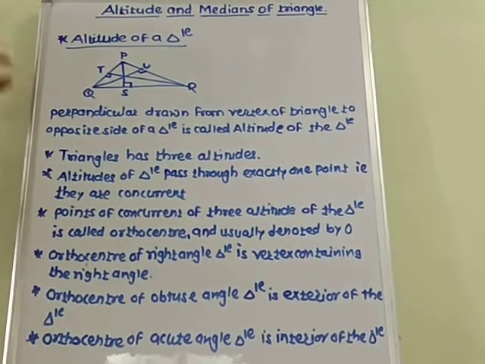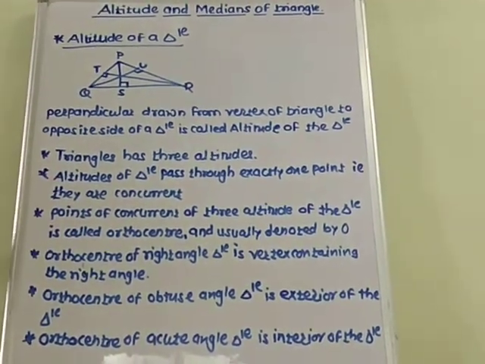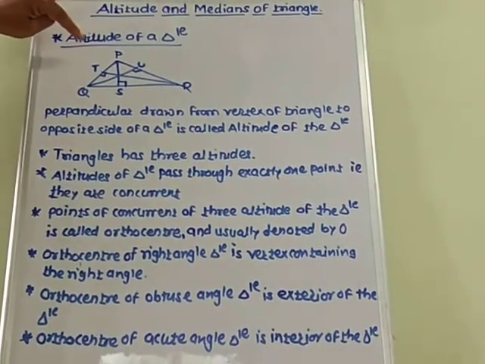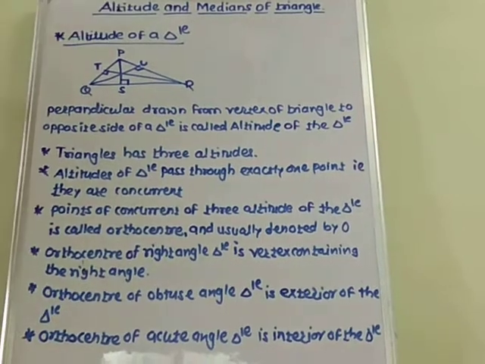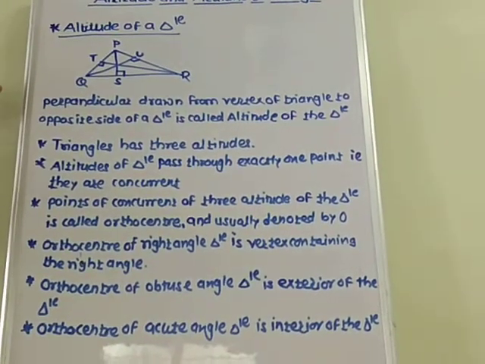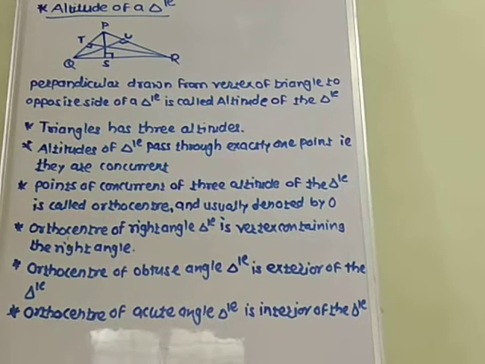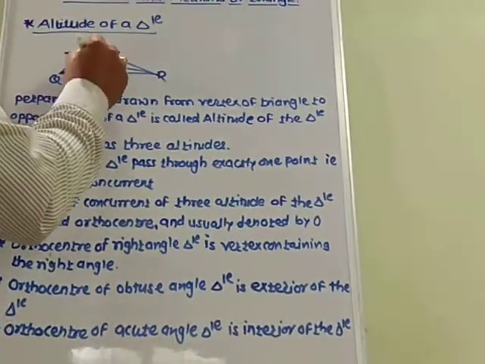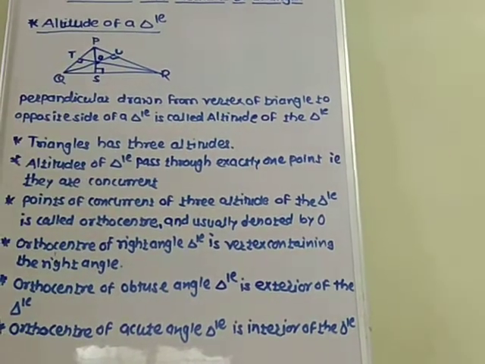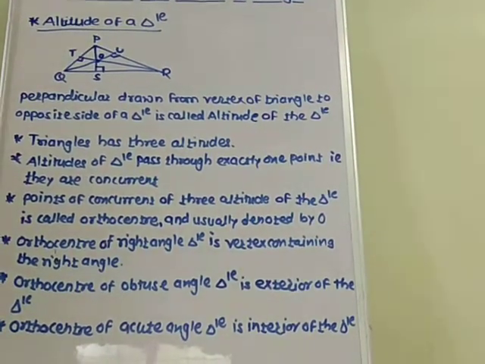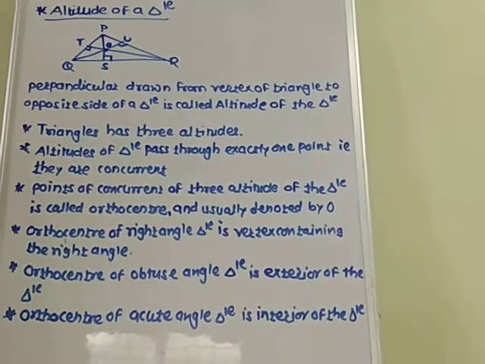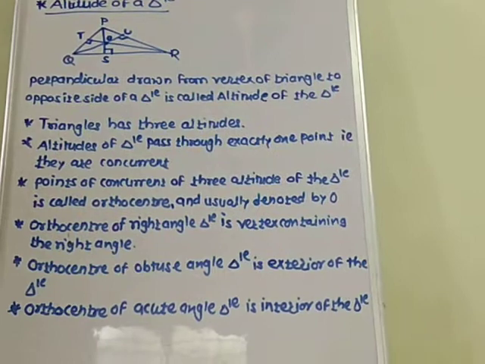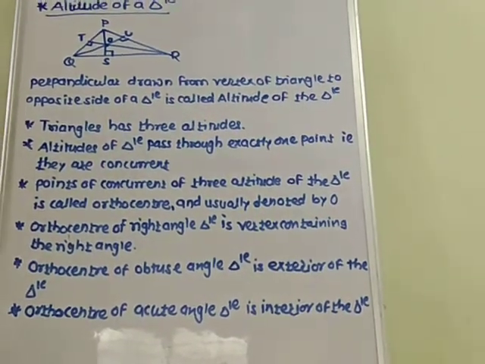A triangle has three altitudes. The altitudes of a triangle pass through exactly one point, that is, they are concurrent. The point of concurrence of three altitudes is called the orthocenter and usually denoted by O, for right angle, obtuse angle and acute angle triangles. What is altitude? You know it? Good.